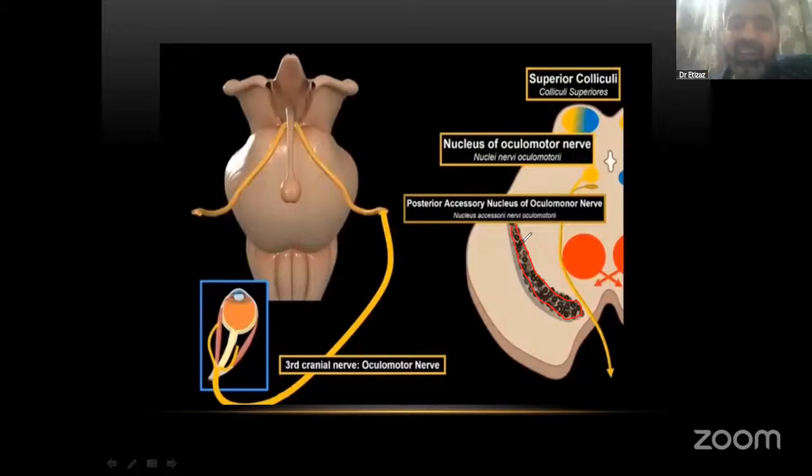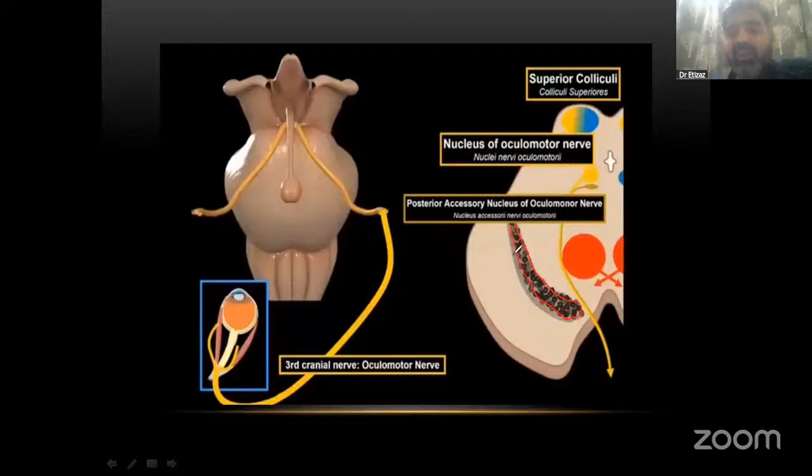This darker part that is more important is called the substantia nigra pars compacta. And the posterior part that is less dark, a little bit light grayish, is called the substantia nigra pars reticularis. It has two parts, compacta and reticularis. Most important is the pars compacta.